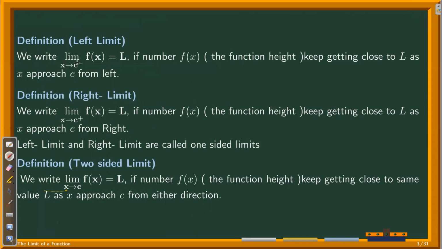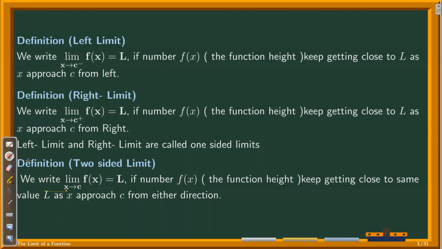We write f(x) going to L from the right side when we get close to x equals c from the lesser side, that limit is L. So if I send x to the lesser values, when I approach x along the left side, values less than c, the left limit is given by this, and if I approach along the values bigger than c, I say it's the right limit and I write like this.